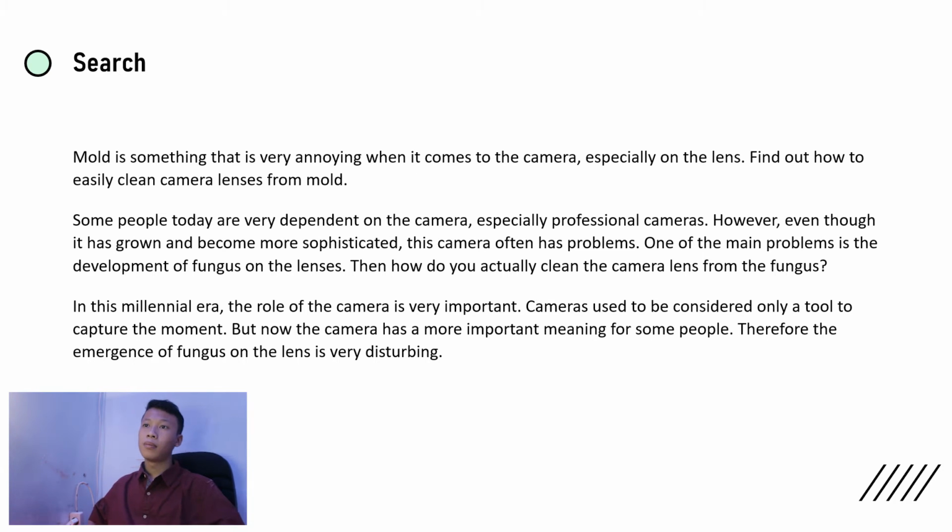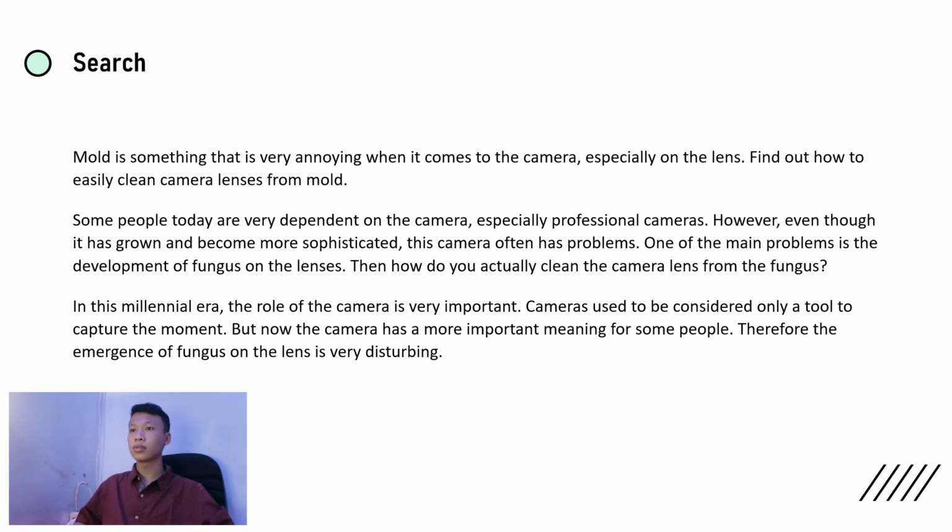Mold is something that is very annoying when it comes to the camera, especially on the lens. Find out how to easily clean a camera lens from mold. Some people today are very dependent on the camera, especially professional cameras.